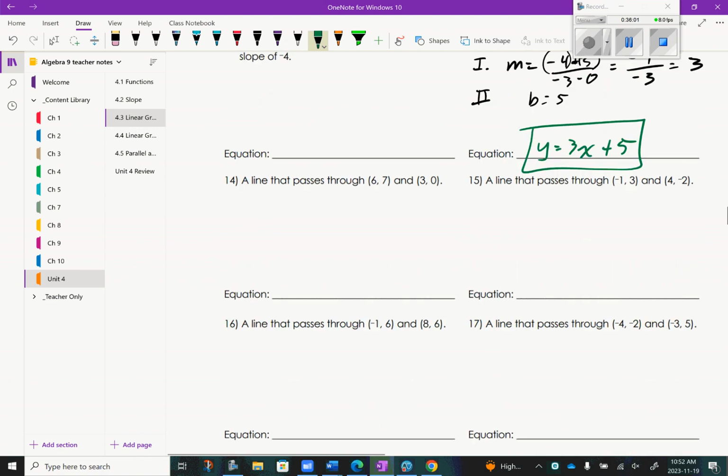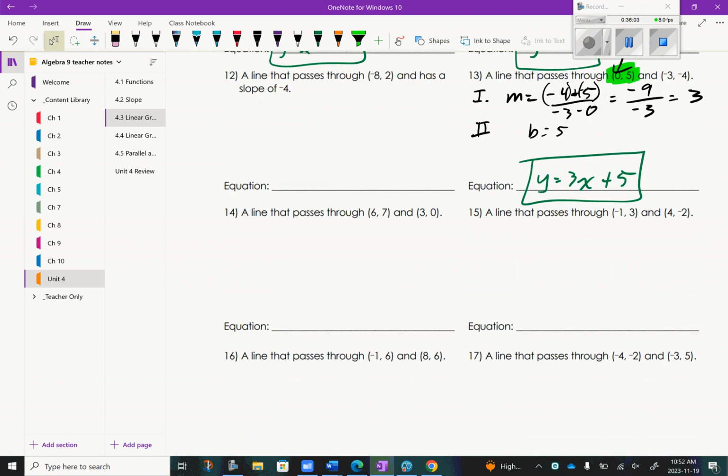Let's look at 14. Similar to 13, but oh wait, hold on. They weren't quite so nice. In number 13, they gave us the y-intercept. For 14, that's not the y-intercept. We're going to have to do a little bit of work, some substituting in that second step. Again, the first step is still find the slope.